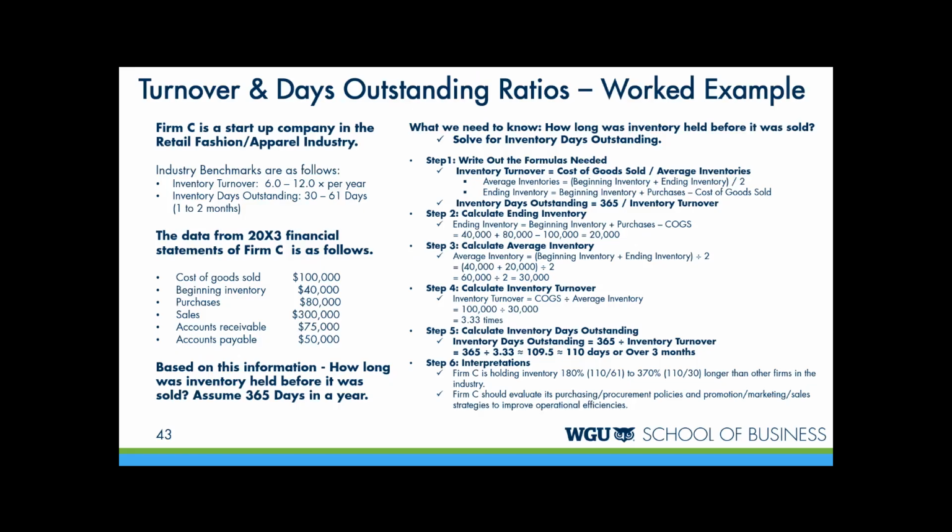And so some of the things we can recommend is looking at its purchasing and procurement policies to make sure they're not buying too much inventory or making sure they're buying the right inventory at the right time. And then also making sure that they have the right promotion and market and sales strategies in place to improve operational efficiencies.